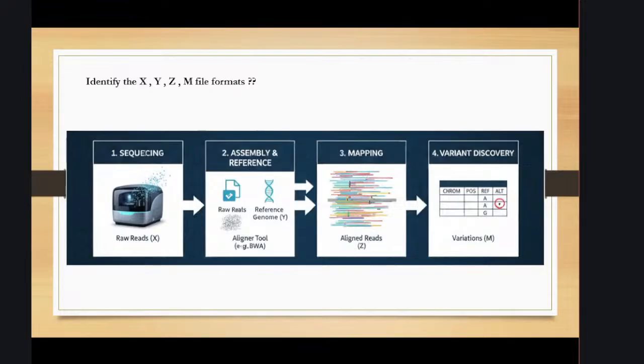Earlier, in Sanger sequencing, at the initial level, FASTA was an output format, but now FASTA is no longer a format for any sequencing machine. So raw reads are actually FASTQ files now. From the sequencing machine, you will get X, raw reads, as FASTQ.